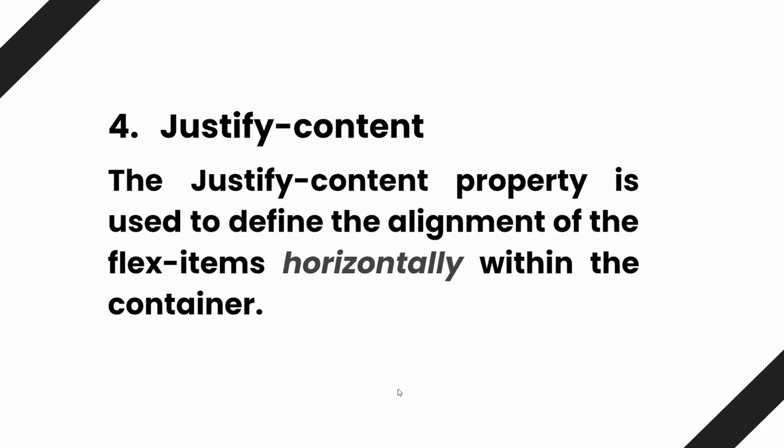This means that you can't define the alignment of the flex item vertically with this. It only works horizontally, which happens to be from the left to the right and not from top to bottom. So that's how the justify content property works.